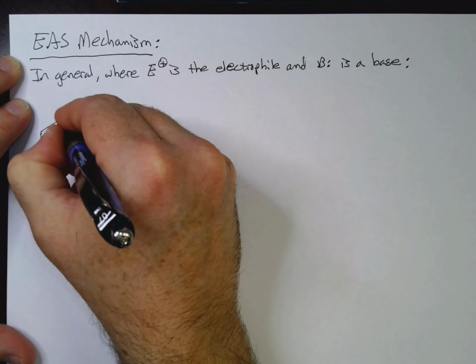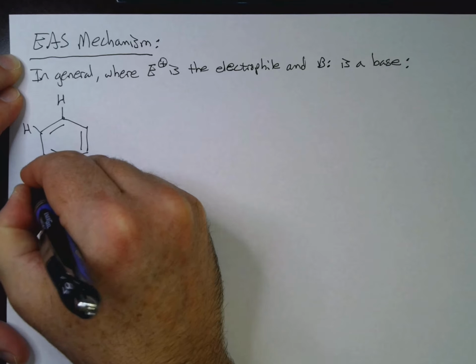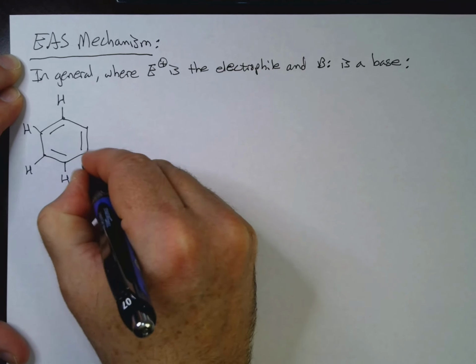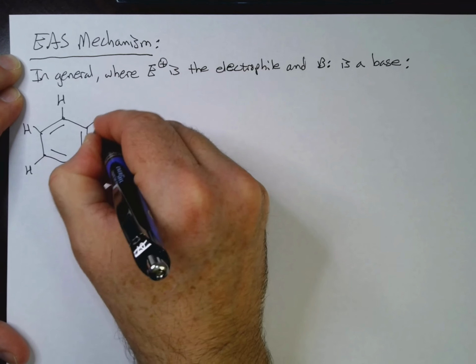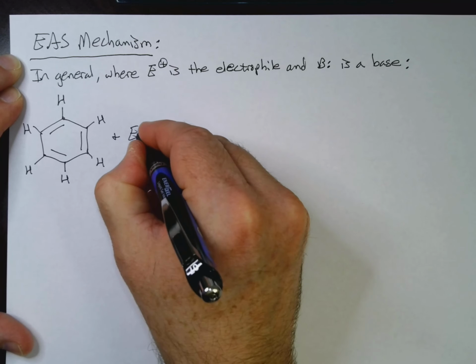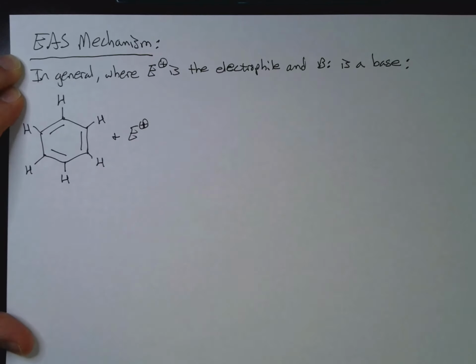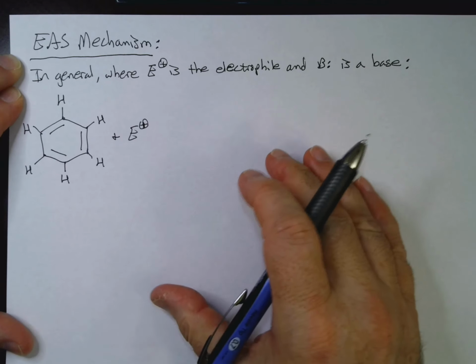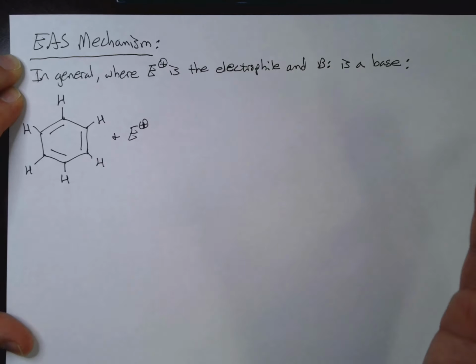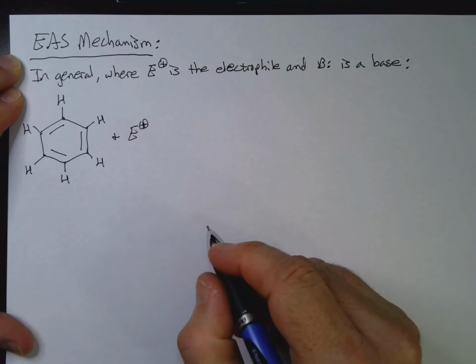Now I'm going to draw in the hydrogens, and as I frequently say, drawing in the hydrogens can help you keep track of where your charges are. We'll start off with the example of halogenation, and look at what the halogenation electrophile actually looks like, but I want to go over this general mechanism first.